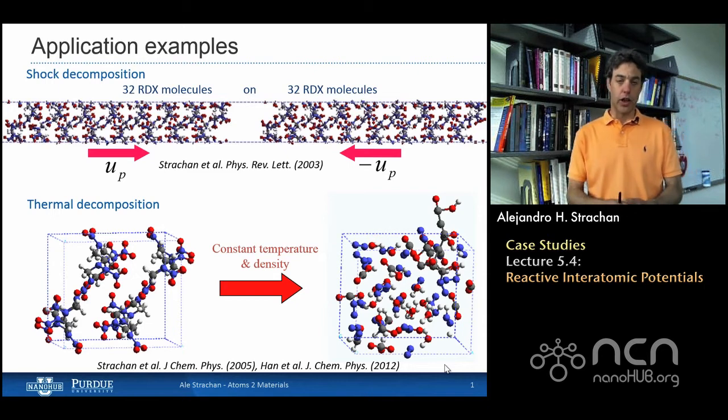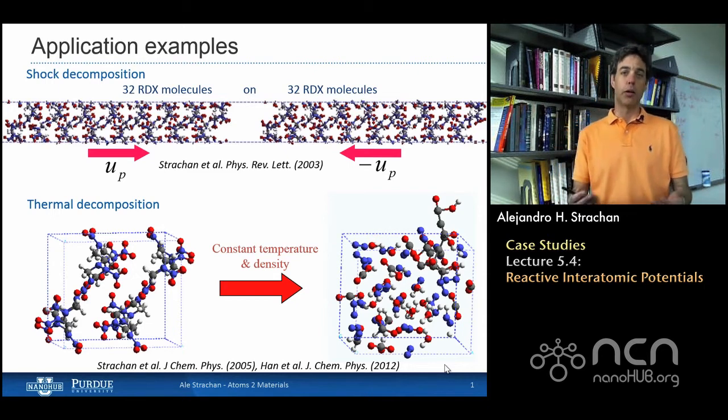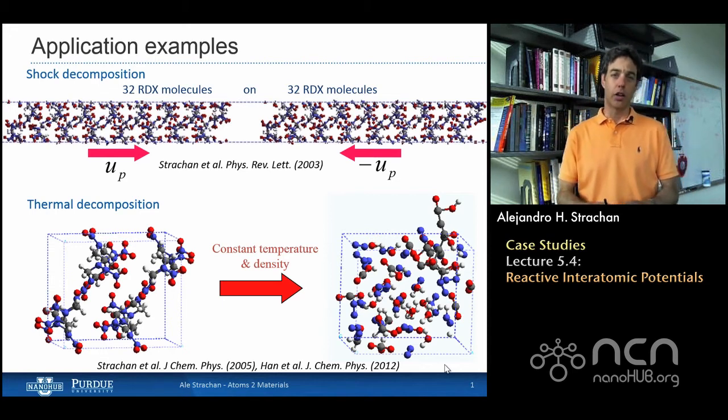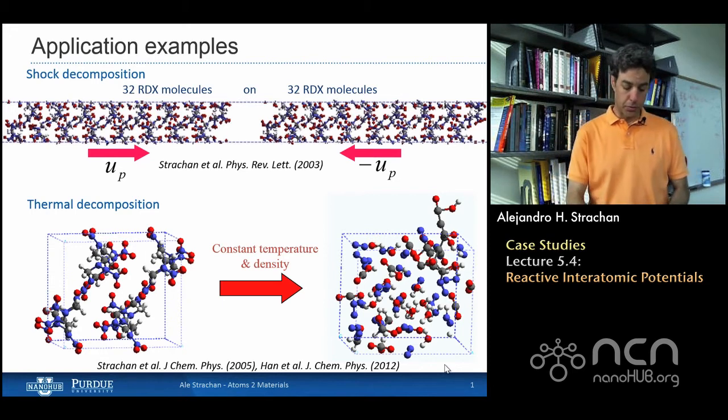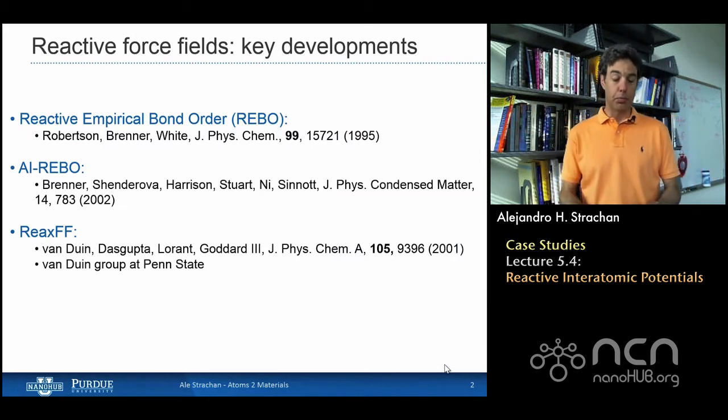So lots of exciting physics were enabled by this type of force field that would be very hard, even today, to do with quantum mechanical approaches. So just to finish, let me point you to some references on reactive potentials.